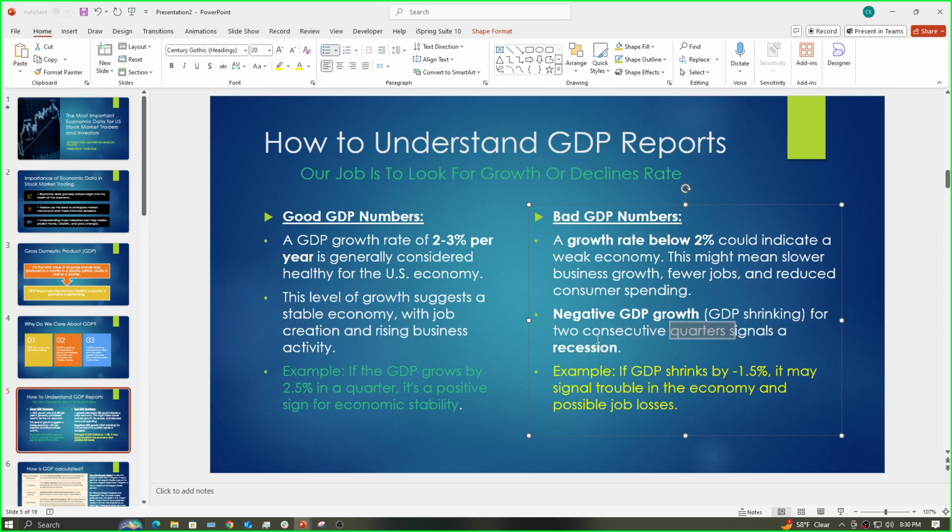Do y'all remember a couple of years ago, right after COVID, they made up a new rule for a recession? Because we did have 2 consecutive quarters of negative GDP reports, and it's almost like they just moved the goalposts.